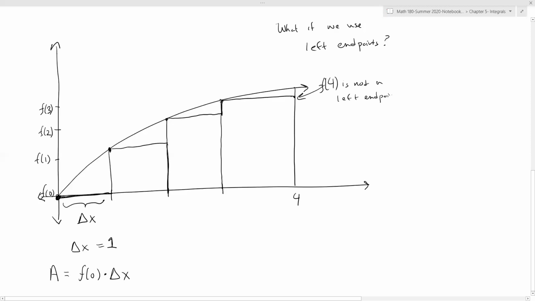So it's not going to be included. So that's different. So we'll have f of 0 times delta x plus f of 1 times delta x plus f of 2 times delta x plus f of 3 times delta x.